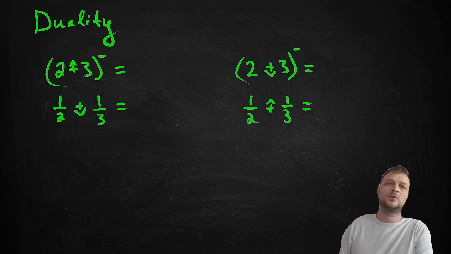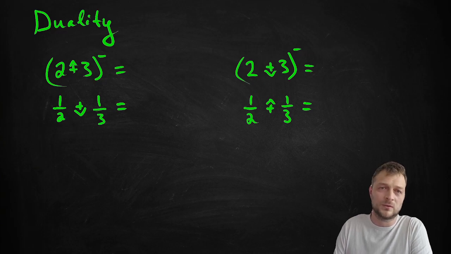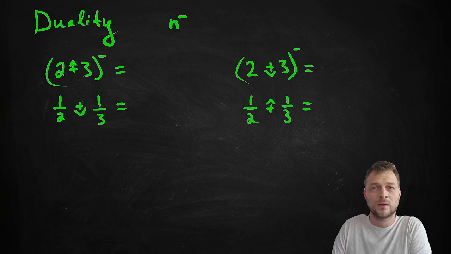Let's observe something that I call duality, and to do this, let's compute these values. I denote a number with a minus sign on top. It's just a notation for 1 over n.